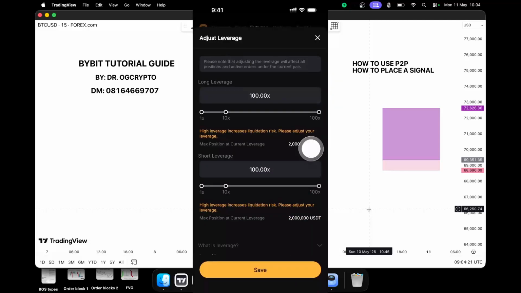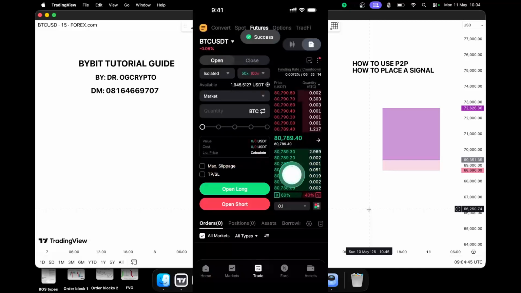So let me use like 50x, or let me see, 37x, sorry, let me just use this 50x leverage to make an example for us.